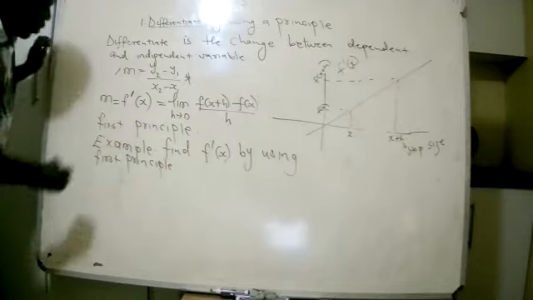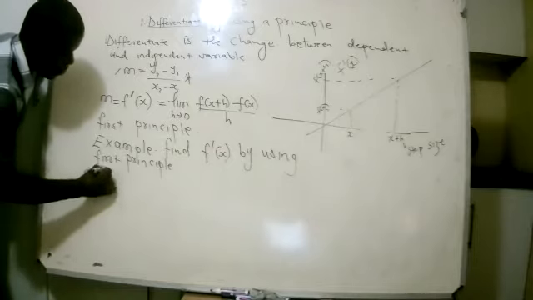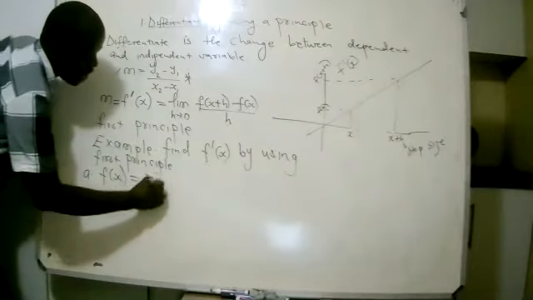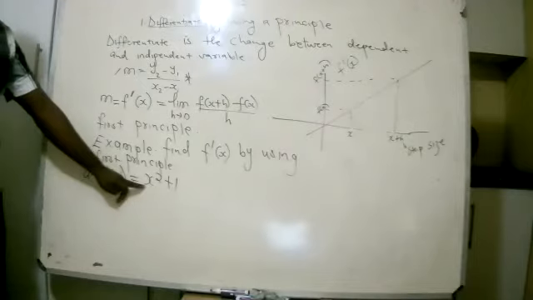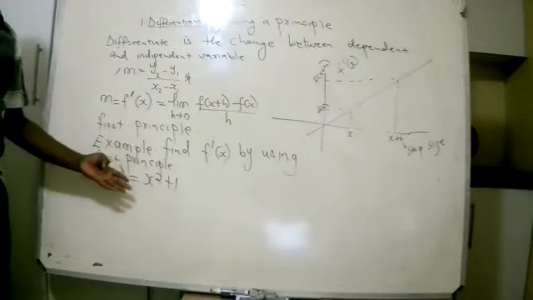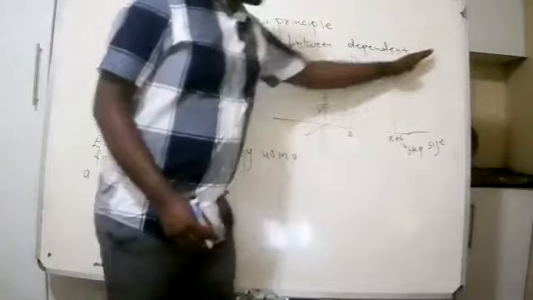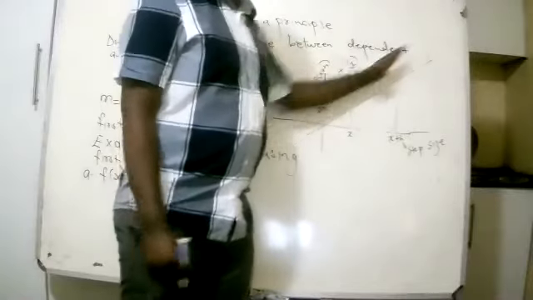All right, so we want to find the gradient by first principle, given a function f of x equal to x squared plus 1. We want to calculate the gradient of this function. We are not given coordinates in this case; we are given a function. A function is like this straight line that we have here, so we want to find the gradient of this straight line.